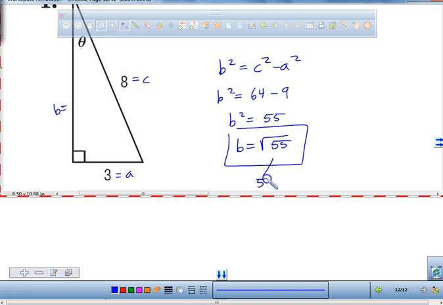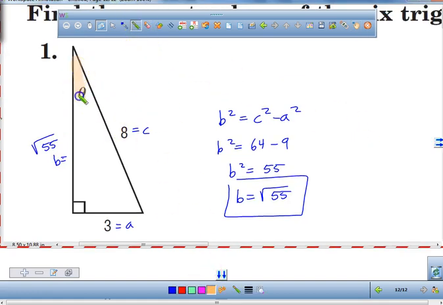It only breaks down to a 5 and an 11. You can't simplify that radical, so we keep it as the square root of 55. So right here, everybody, put the square root of 55 for B.